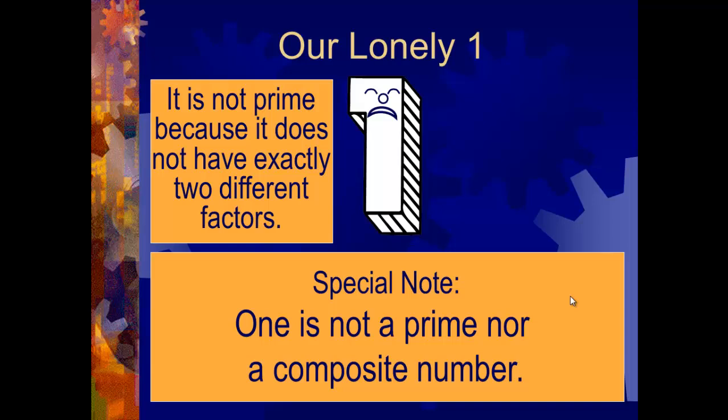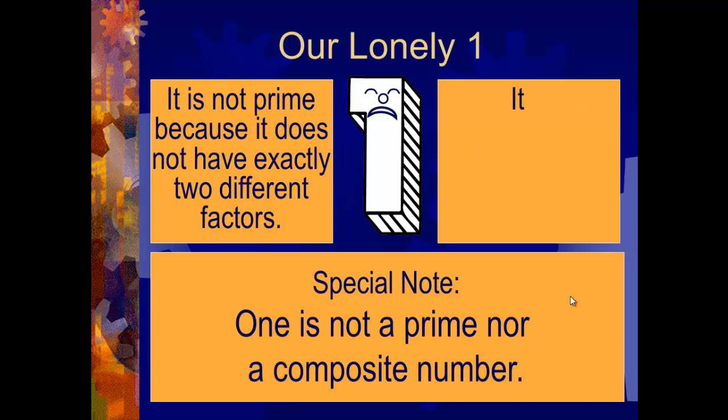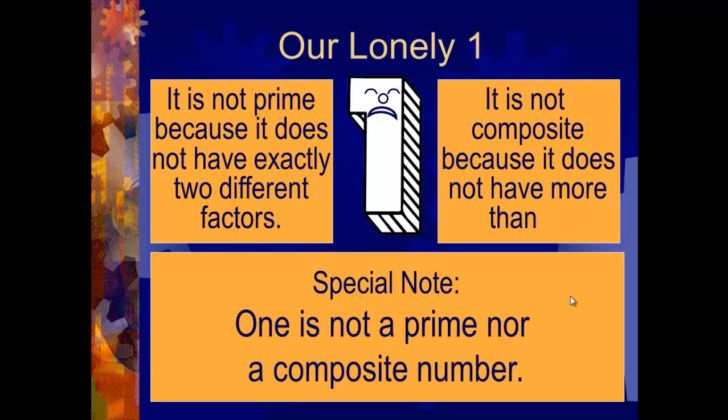So, it is not a prime. At the same time, it is not a composite because it doesn't have more than 2 factors. So, 1 is not a prime and not composite.